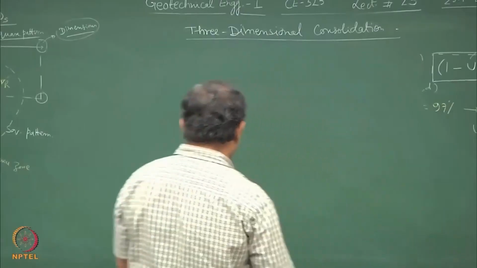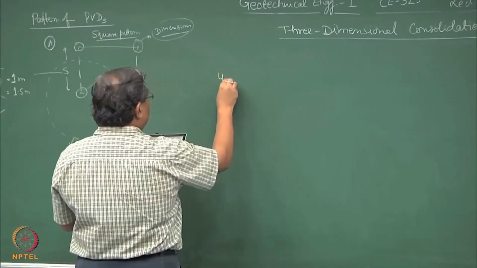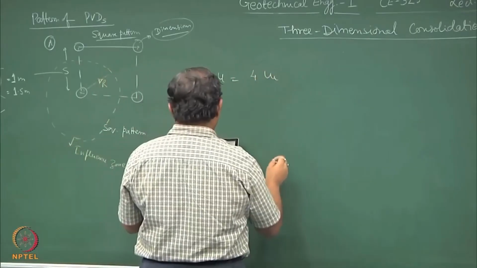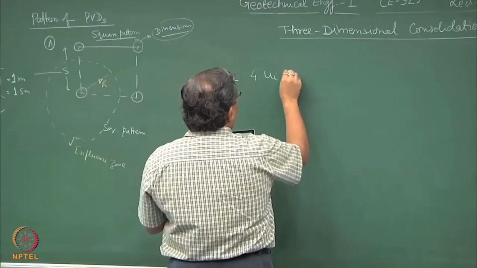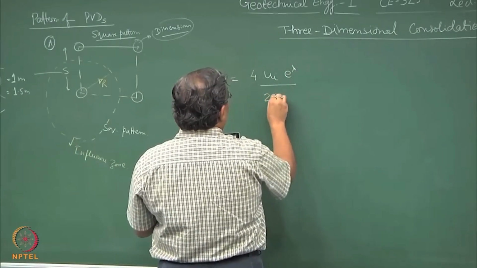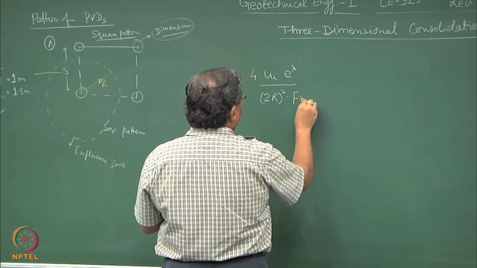So, the pore water pressure is defined as 4 times Ui e to the power lambda upon 2 r square into Fn.